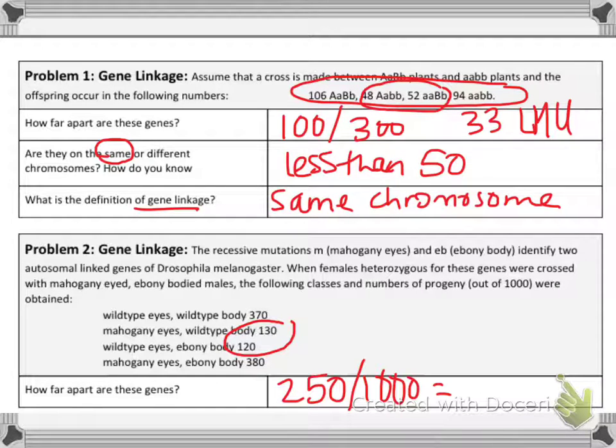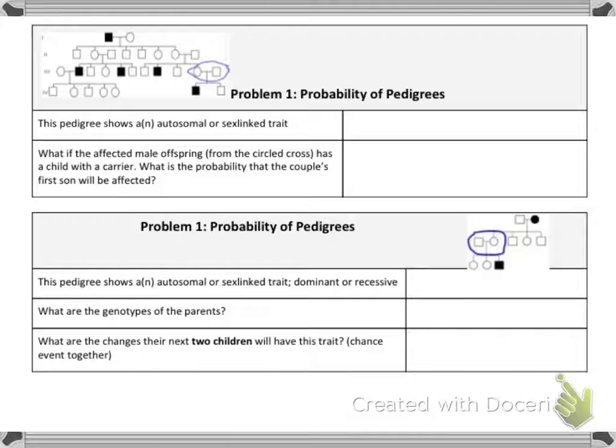I will then divide 250 by 1,000, and it gives me 0.25, times 100 gives me 25. So that's the answer for gene linkage. Again, you'll just have to know what gene linkage is, the definition, and how to calculate how far apart.